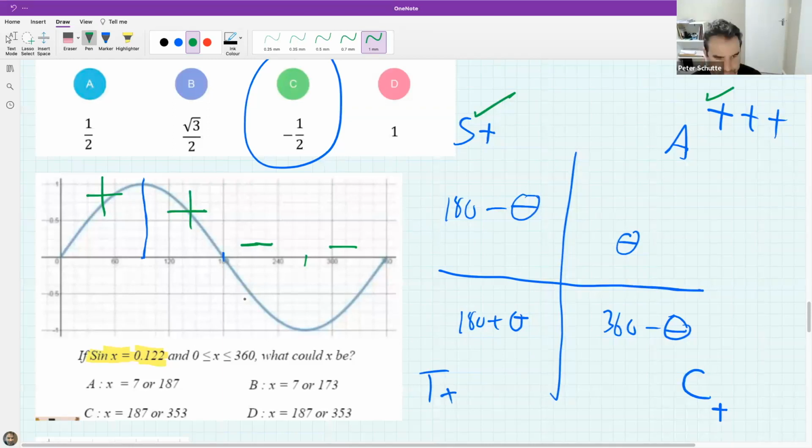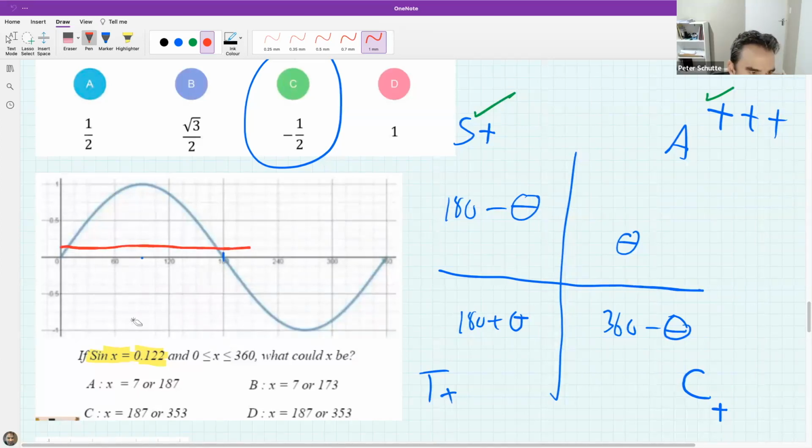Okay, now, in order to solve this problem in a simple way, before we even get to reference angles and stuff like that, if I wanted to visualize the sine of x equals 0.122, I'm going to go and find 0.122, and I think that would be basically over here, because that is a positive value.